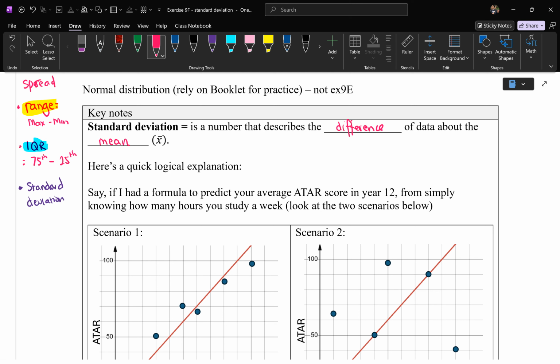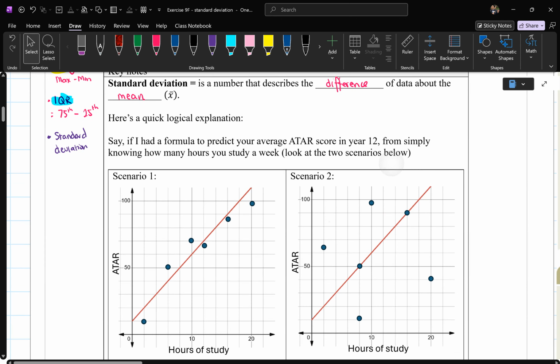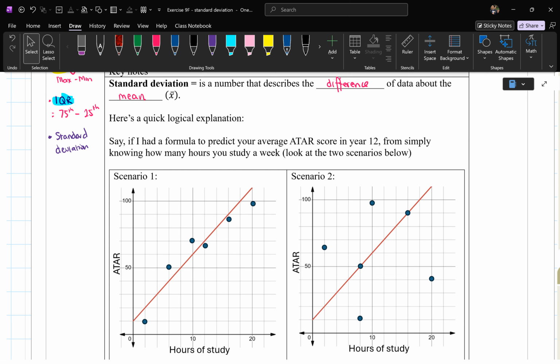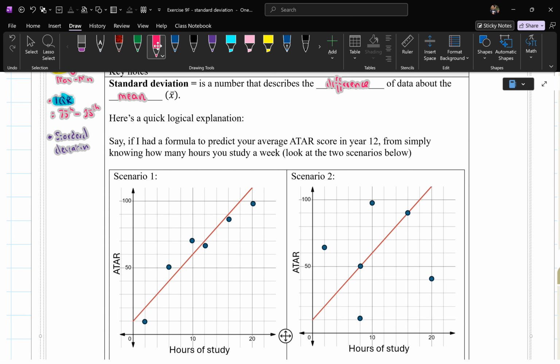And I'll explain what I mean. I'll give you a logical explanation to it. I kind of alluded to this idea in our last example. So what do I want you to copy? Write down: standard deviation is a number that describes the difference or the spread. You can write over here spread if that makes more sense to you. It's the spread of the data about the mean.